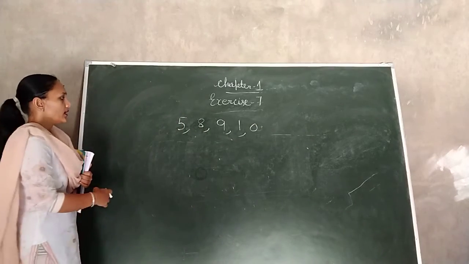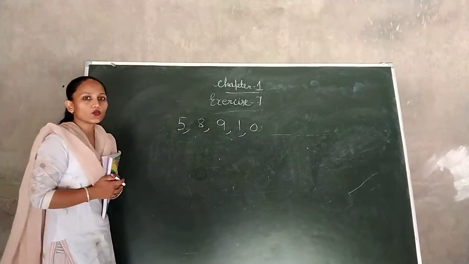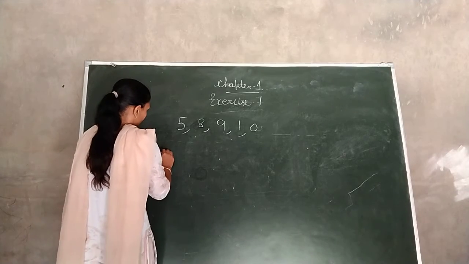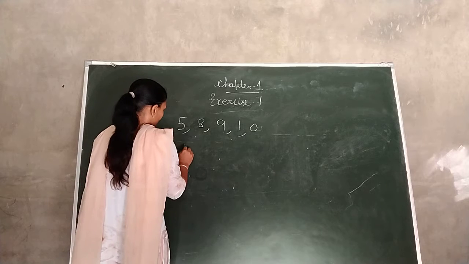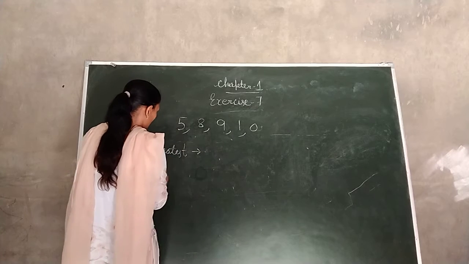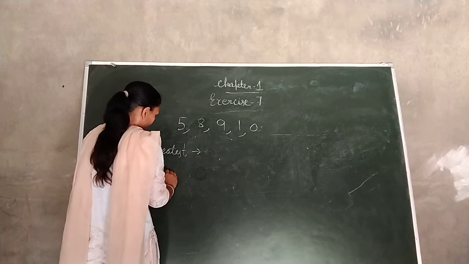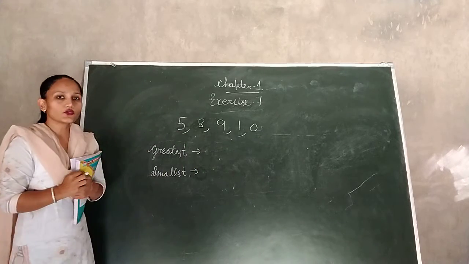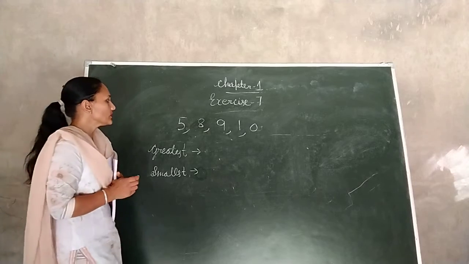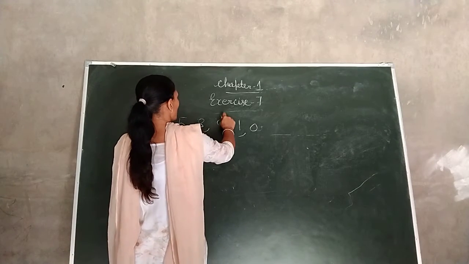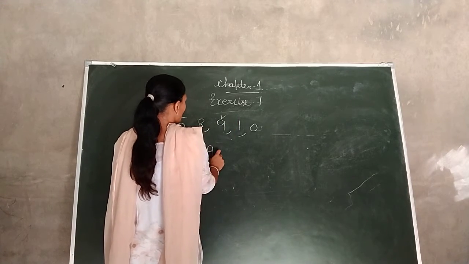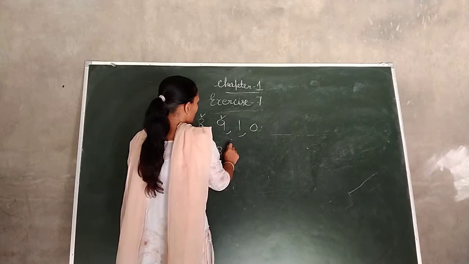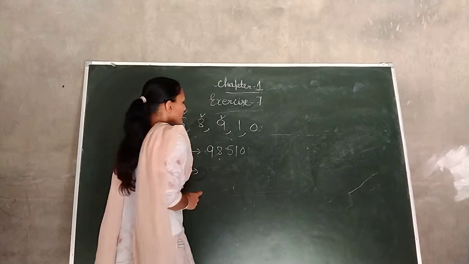Then by using these digits we have to make the greatest and smallest number. When we have to make the greatest number, the process is the same. First of all, we will find the greatest digit 9, then 8, then 5, then 1, then 0.